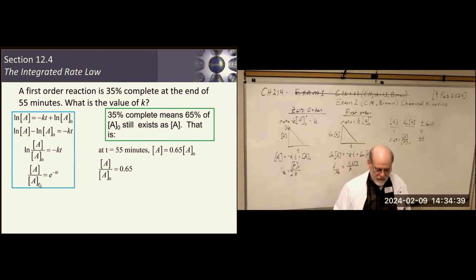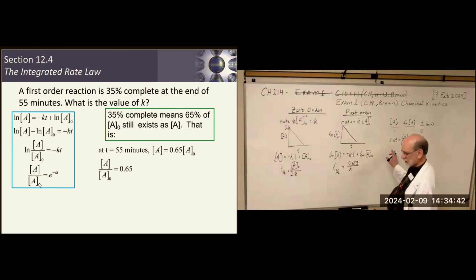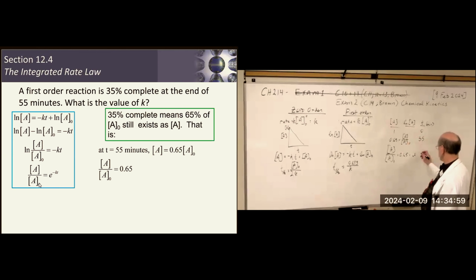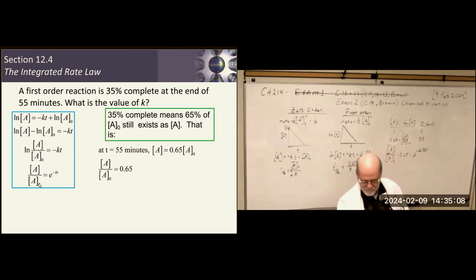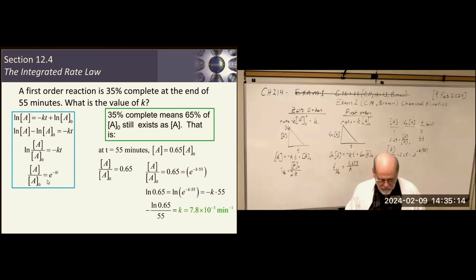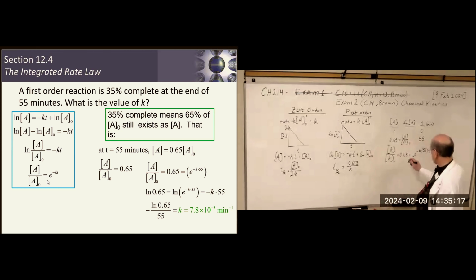So at 55 minutes, the ratio of A to A0 is 0.65, and that's equal to E to the minus KT, minus K, and T is 55 minutes, correct? Minus K times 55. So now that we have this expression right here, how do we get rid of that E?